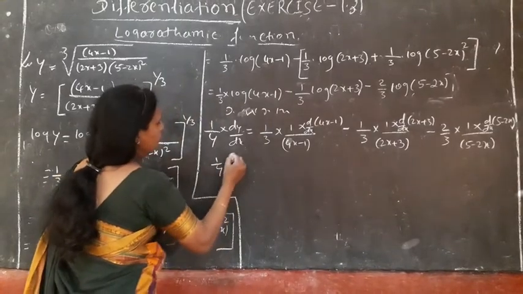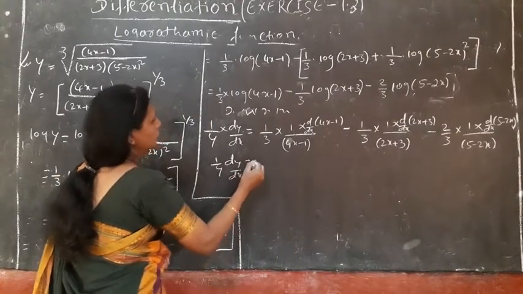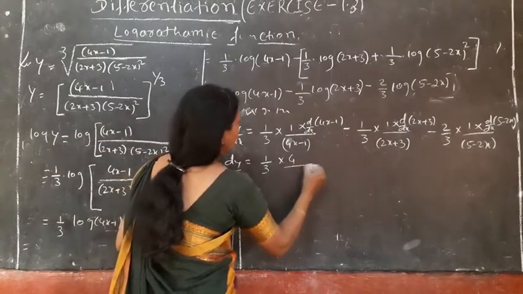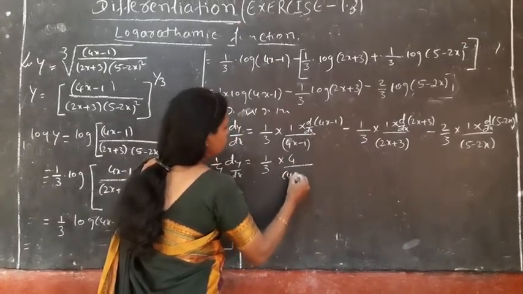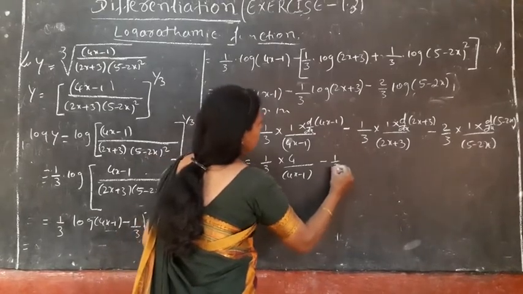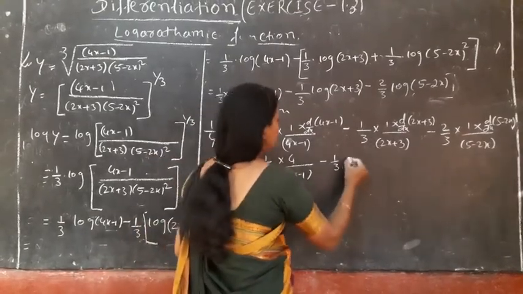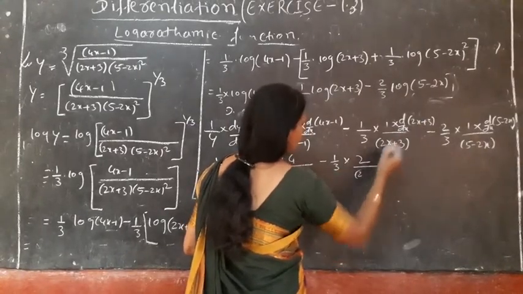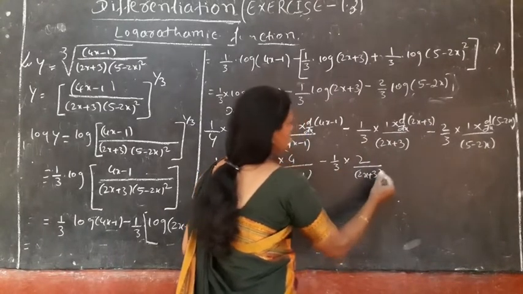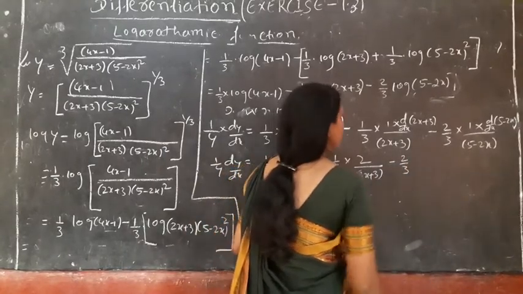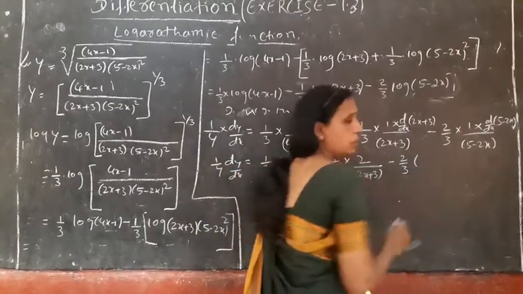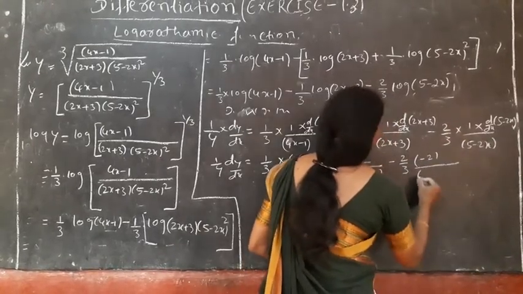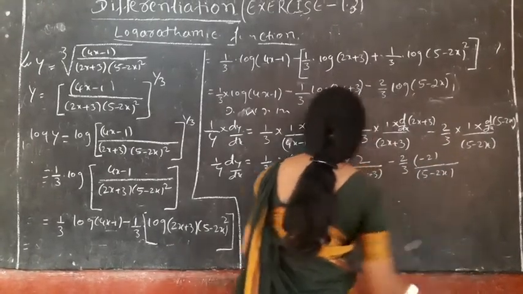Therefore 1 upon y dy upon dx equals 1 upon 3, differentiation of 4x is 4, differentiation of 1 is 0, over (4x minus 1), minus 1 upon 3, differentiation of 2x is 2, differentiation of the constant 3 is 0, over (2x plus 3), minus 2 upon 3, where differentiation of 5 is 0 and differentiation of minus 2x is minus 2, divided by (5 minus 2x).